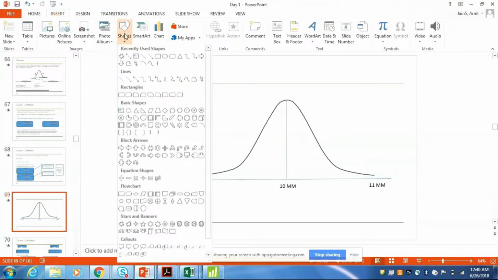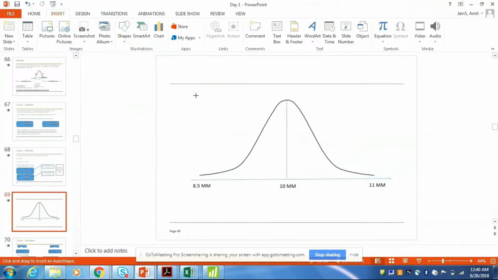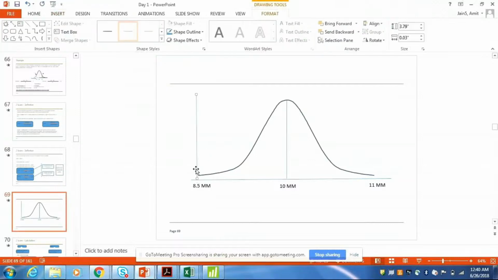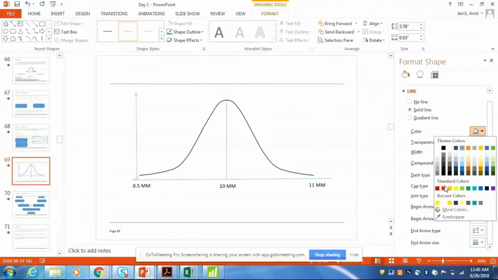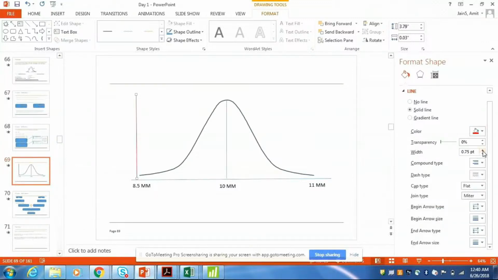So what we're saying is this right here is the specification given to us by the customer.